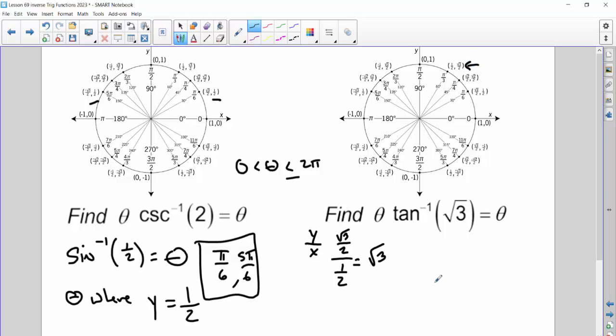So that's here at pi over 3. But I now also know that if y were negative root 3 over 2 and x is equal to negative half, I also get root 3. So that also happens right here at 4 pi over 3. So I say at pi over 3 and 4 pi over 3.